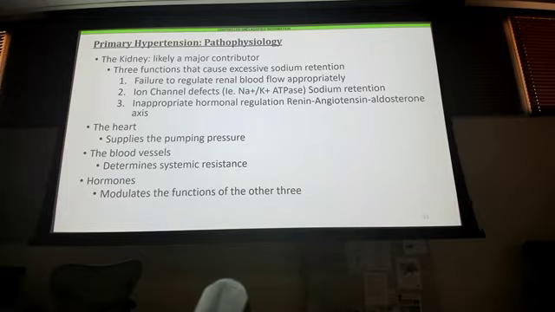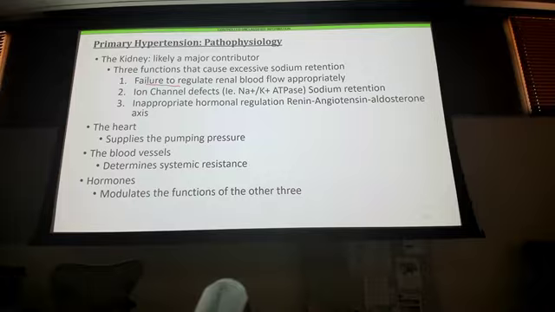So the kidney, though, ends up being probably the major contributor to blood pressure. And there's 3 ways that the kidney could be causing this. It could be the failure to regulate renal blood flow appropriately, so reducing the blood flow coming into the kidney for some reason.